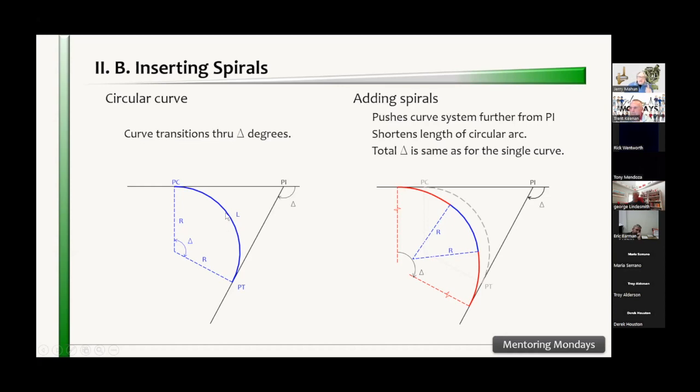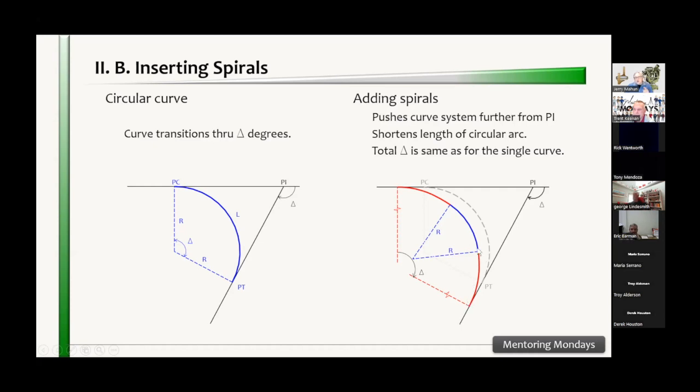If we want to maintain that radius, and as designers, they were balancing off centrifugal force against the geometry, and we want to introduce an entrance and an exit spiral, we can't fit that curve in that same place and have spirals in it. So what happens is that curve has to shift to the inside to make room for an entrance and an exit spiral.